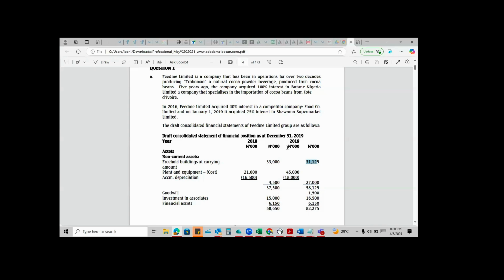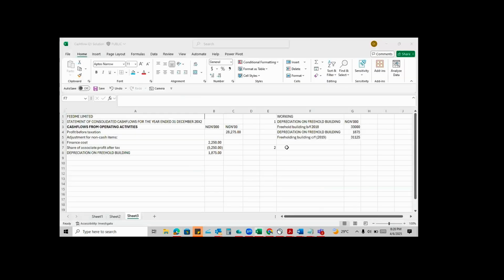So two things normally affect accumulated depreciation. Number one is depreciation. Number two is disposal. So far, the question did not mention disposal. So I'll say here, accumulated depreciation on PPE, balance brought forward from 2018.